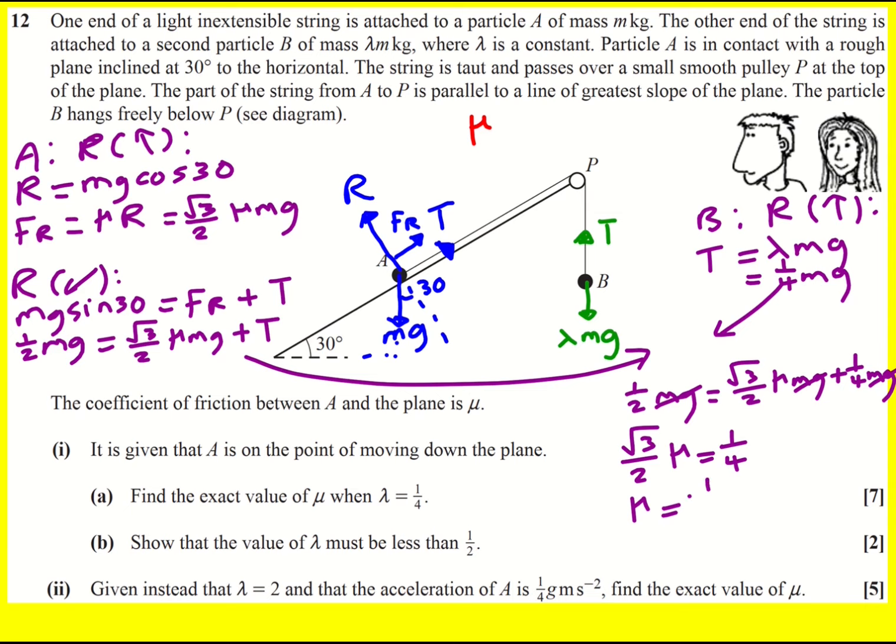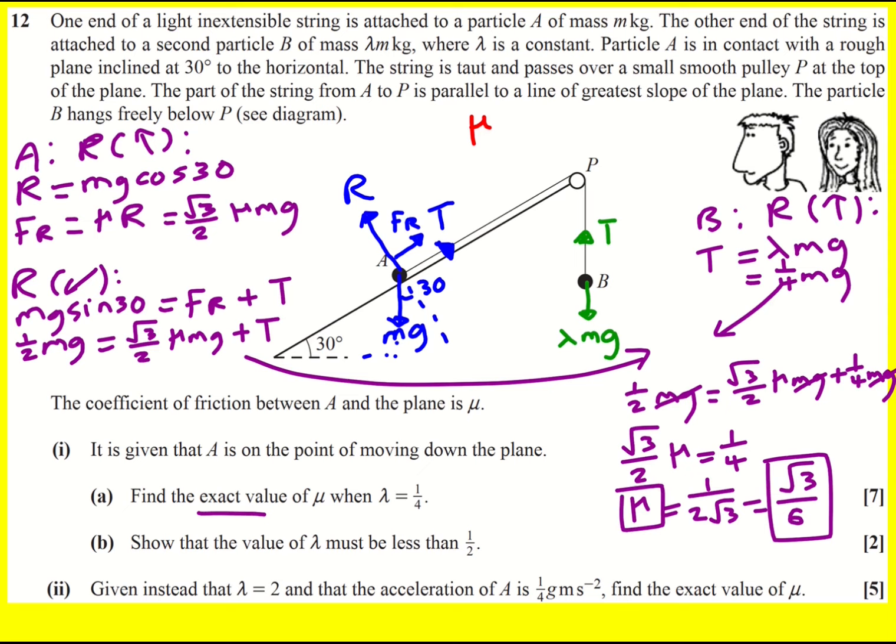It's going to equal 1 over 2 root 3, which I could leave like that, but maybe I rationalize the denominator, times top and bottom by root 3 to give root 3 over 6. So either of those two are okay, but this is arguably slightly neater. And remember, we've asked for the exact value, so that is how I'm going to leave it.